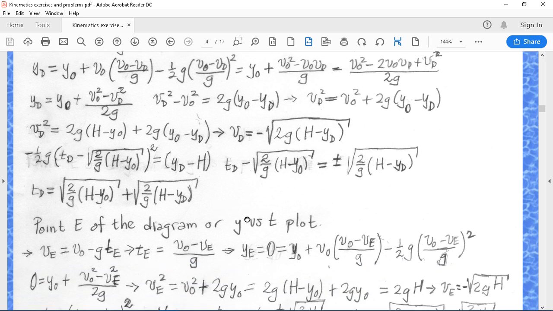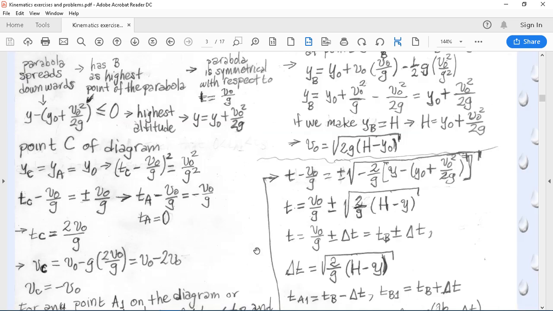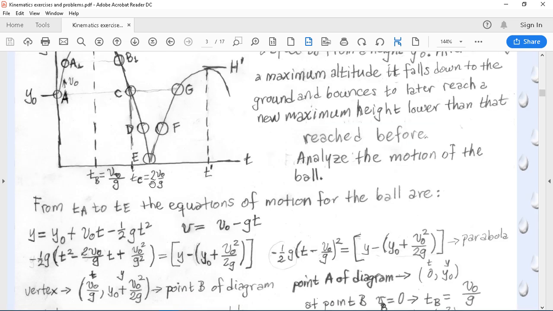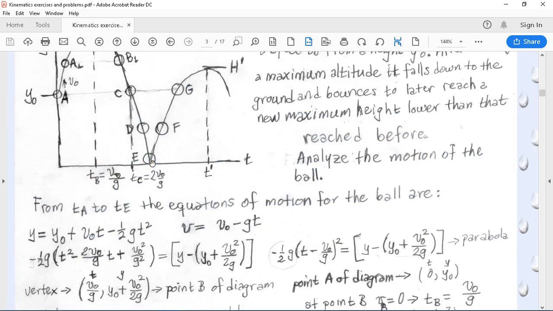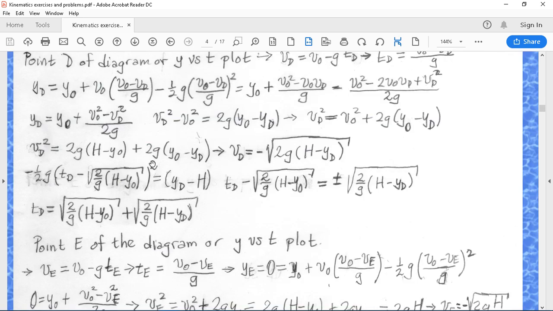As for point E of the diagram, you have that at point E, the ball has reached the ground, so that y equals 0.